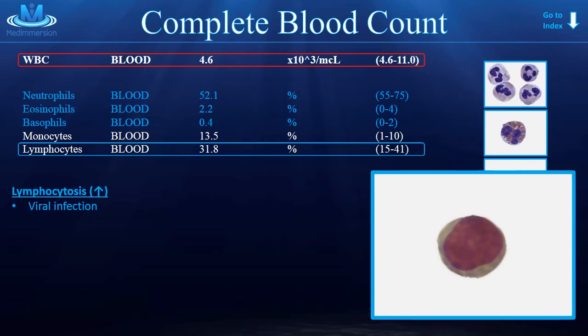So, in a viral infection, you would expect that to go up. What else? Leukemias. This is pretty obvious, right? There's pretty much a reason for an increased number of most or all of the previous white blood cells we've talked about. And adrenal insufficiency can be a cause of lymphocytosis.